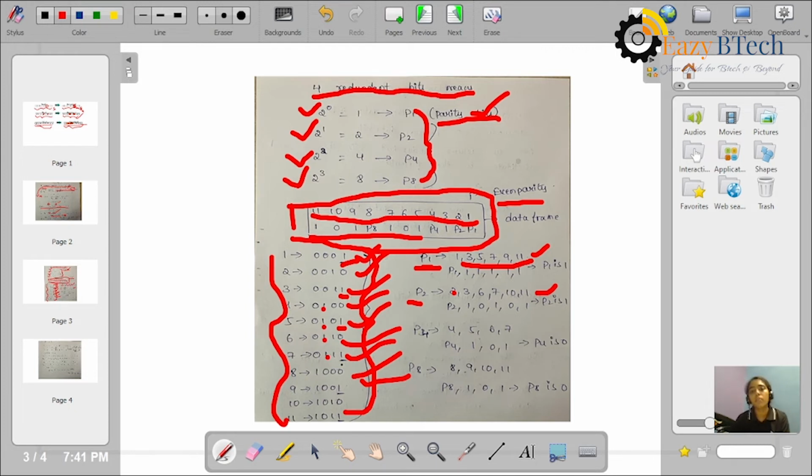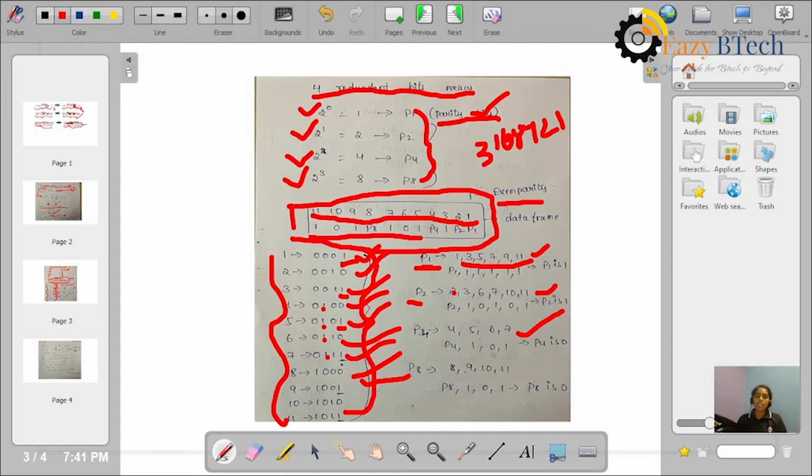So fourth position ones means in this binary format 1, 2, 4, 8, 16, 32, 64. This format we can consider as the binary format. That's why fourth position ones here are 4, 5, 6, 7. I wrote the fourth position ones, and the eighth position ones. P8 means eighth position ones: 8, 9, 10, 11. Okay.